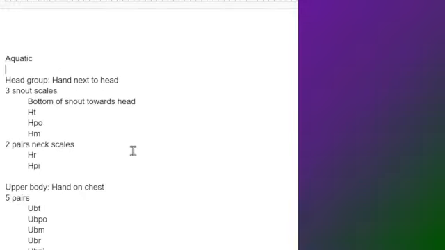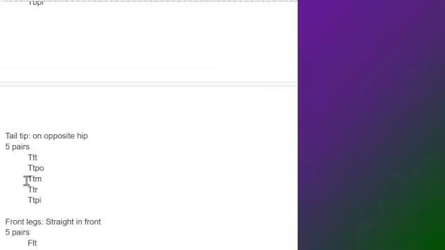Oh, this is a certain tail shrub. Well, let's look at our notation. Okay, I just really like this one, so it gets to be in slips.